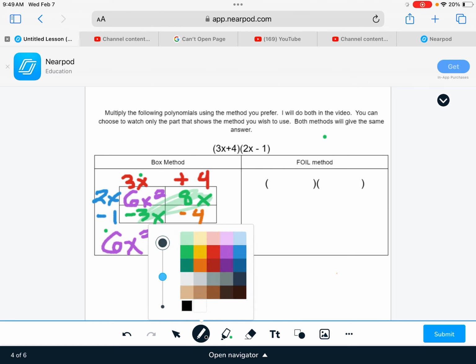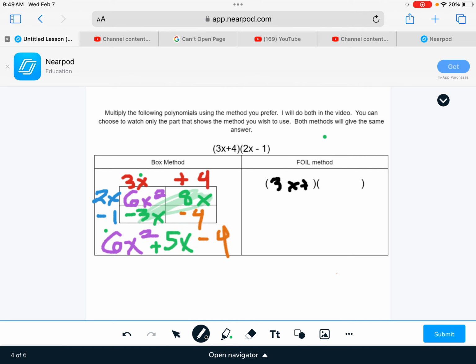Same thing's going to happen when I do my 3x plus 4. I cannot even make that fit, and I apologize. 3x plus 4 and 2x minus 1.